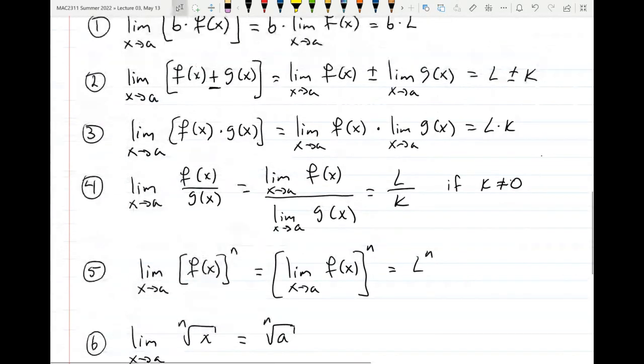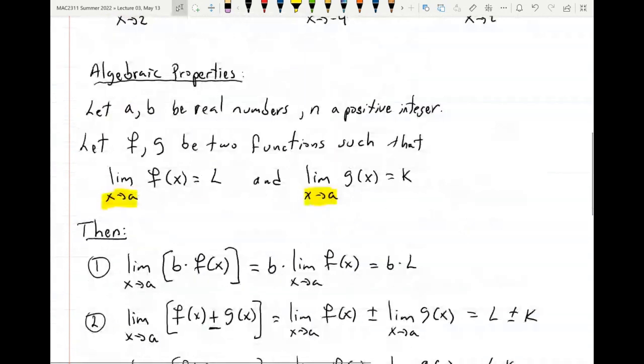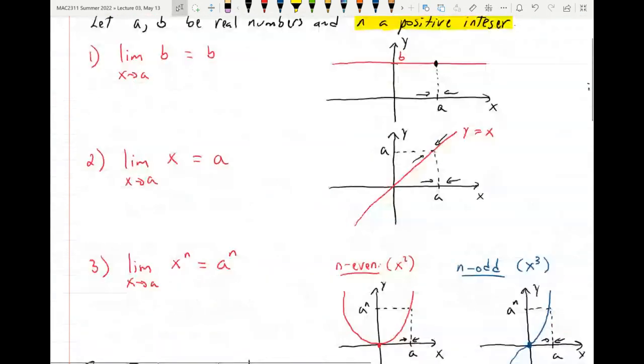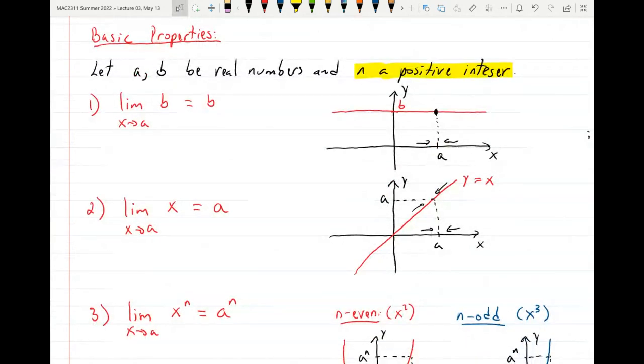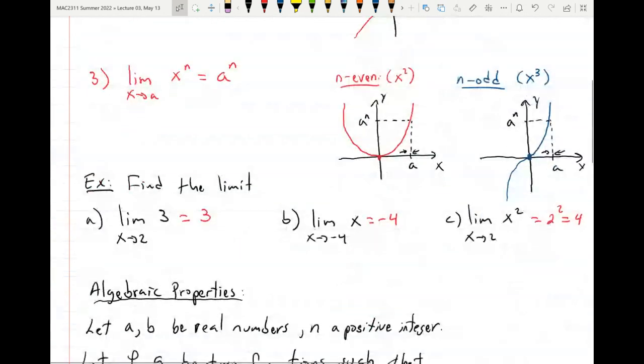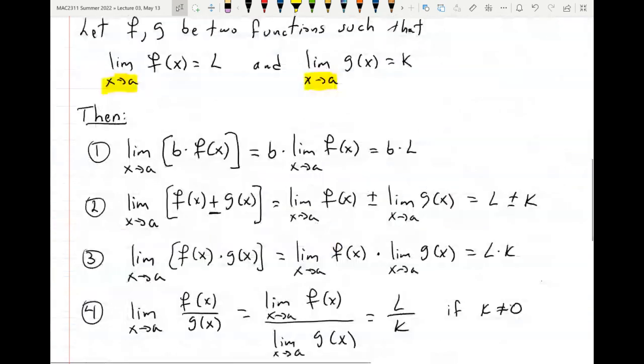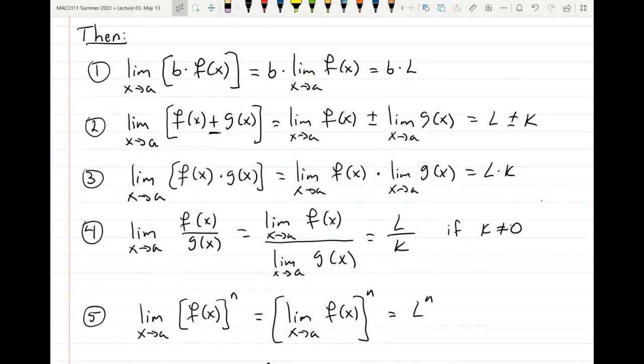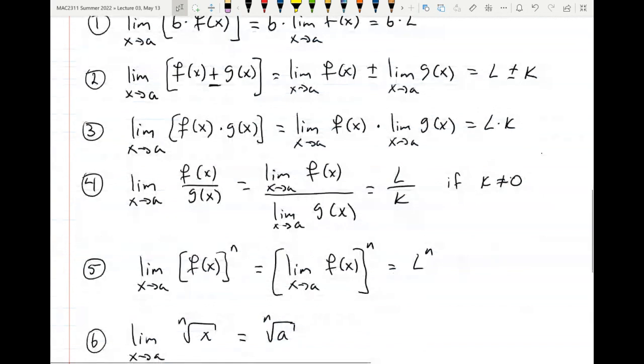Okay, so these are our algebraic properties for limits. Remember, the basic ones are: the limit of a constant is just the constant, the limit of the function x is just the value you're approaching, and for the limit of x to the n, you just evaluate it, a to the n. Then for the algebraic properties, we can factor constants out of a limit, and the limit of a sum or difference is the sum or difference of the limits, provided that both exist.